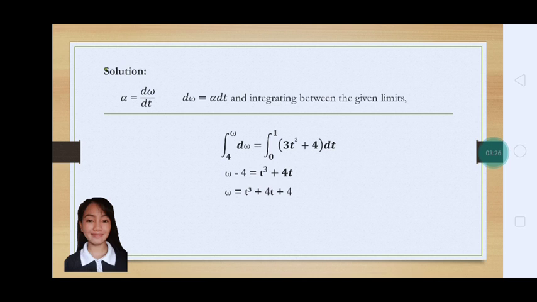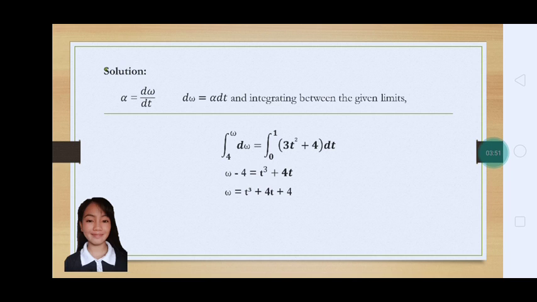So the formula we will use is d omega, or the angular velocity, is equal to alpha, or the angular acceleration, dt, and integrating between the given limits.